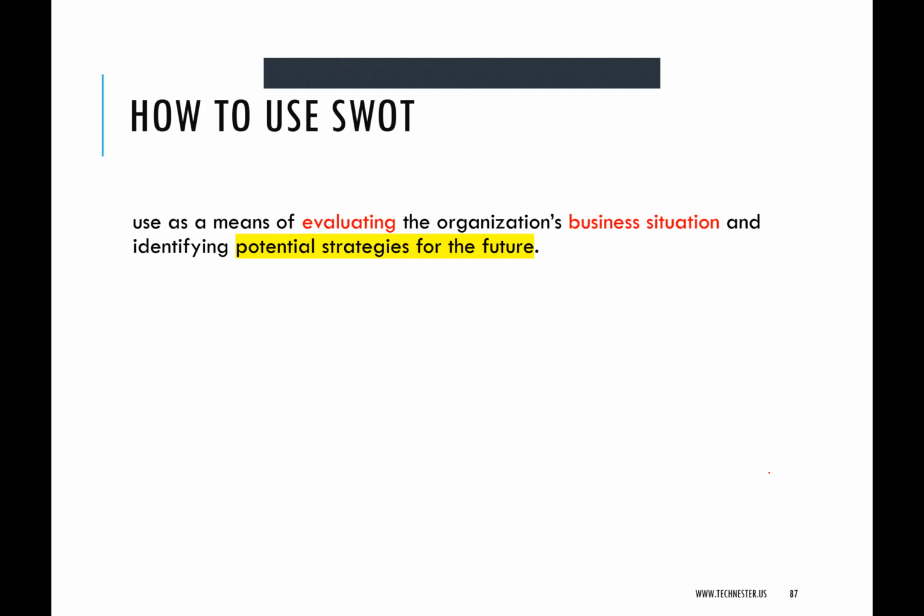You're just filling up the boxes. After you have done that, you now use that SWOT itself as an instrument to evaluate the business situation. And then you start analyzing each box in the SWOT to come up with potential strategies. So the SWOT is your main tool. The others are just supporting tools if you do the advanced one.